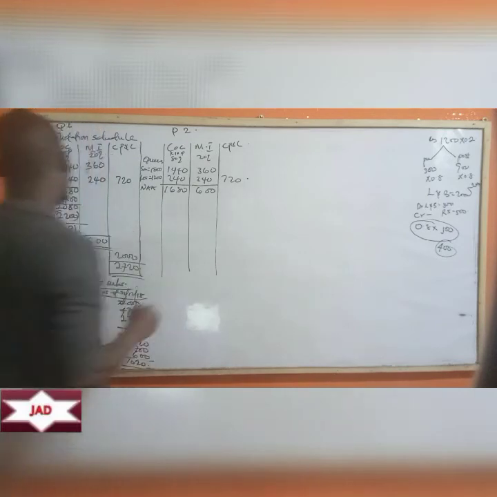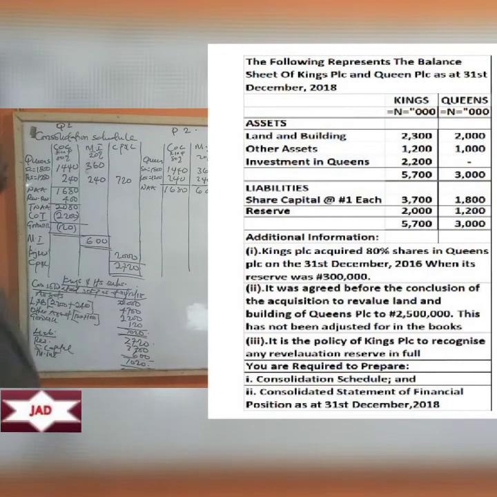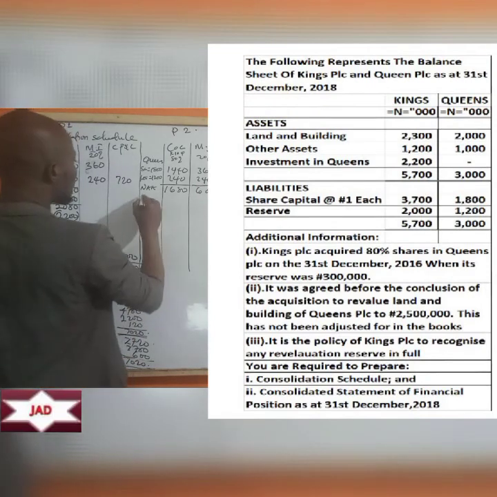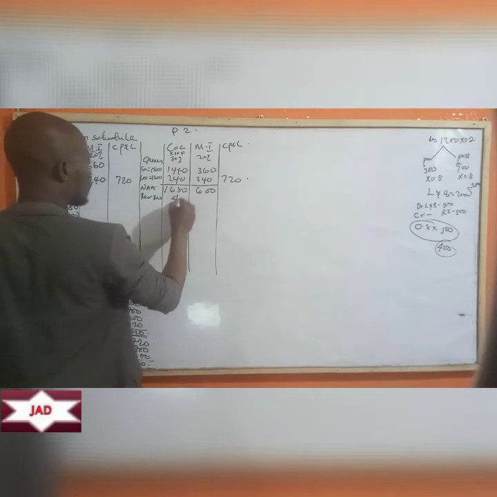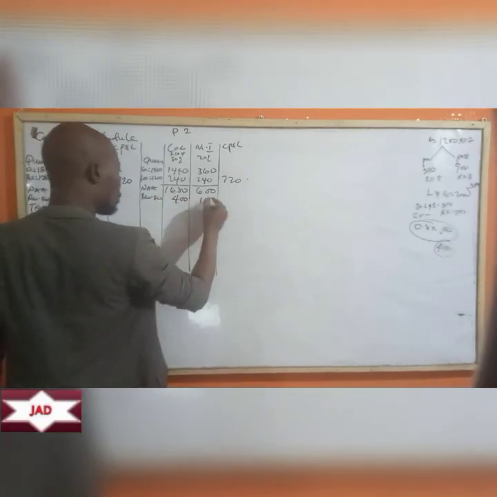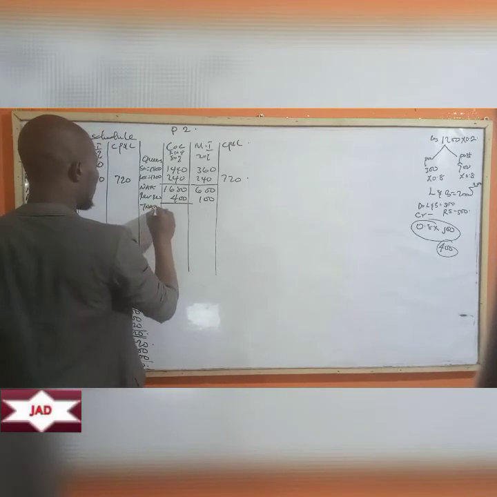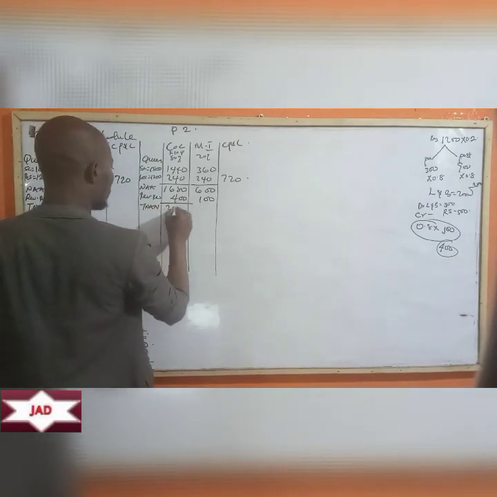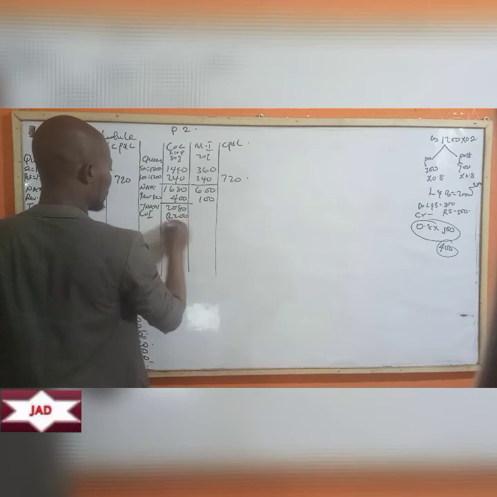But remember, the revaluation reserve here in this case, you're taking the full amount. So what does that mean? The revaluation reserve here is 400. Minority interest will take its own 100. So total net asset acquired here is 2,080. Then cost of investment is 2,200.